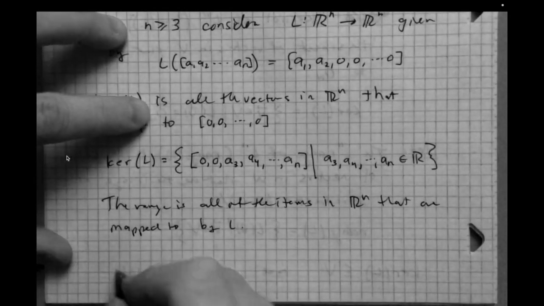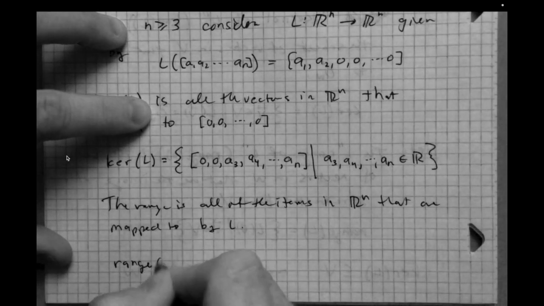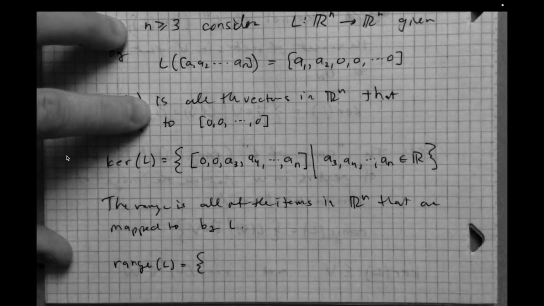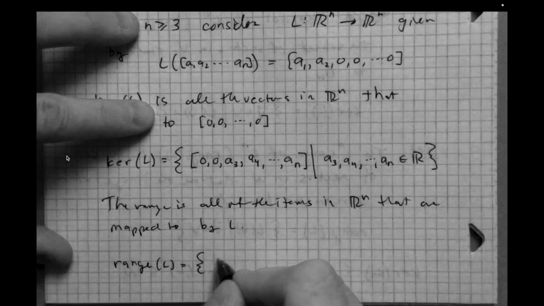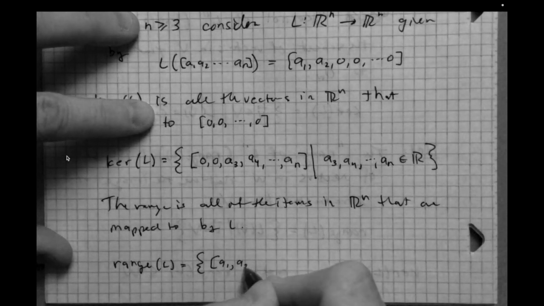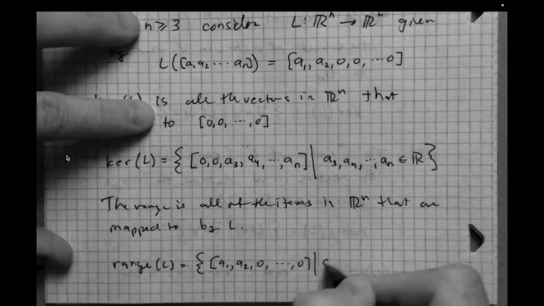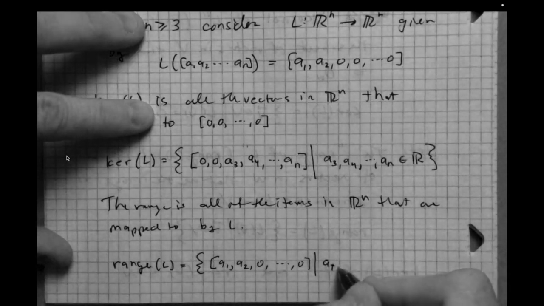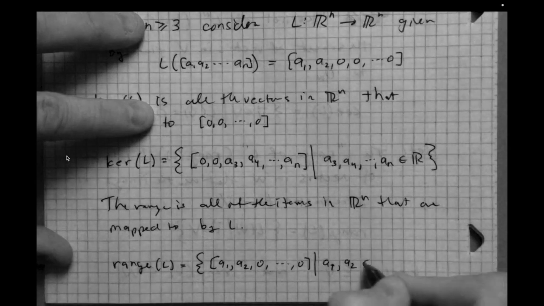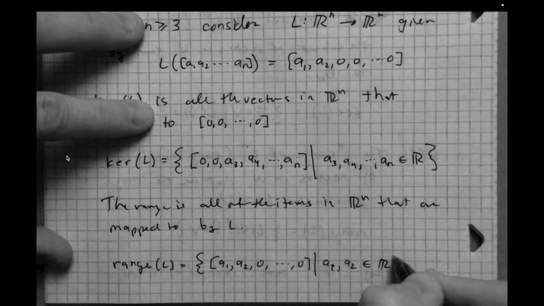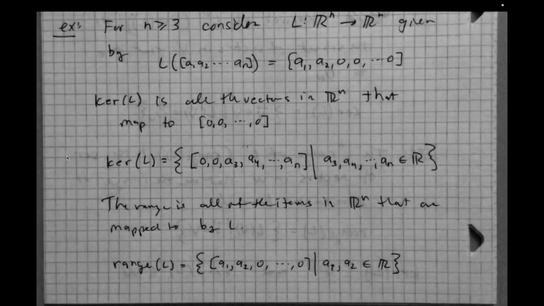So what's a way to write that? We could say the range of L is equal to all the vectors of this form, (a1, a2, 0, ..., 0). The only thing to worry about is a1 and a2. So a1 and a2 are real numbers, but everything else in the vector is 0.